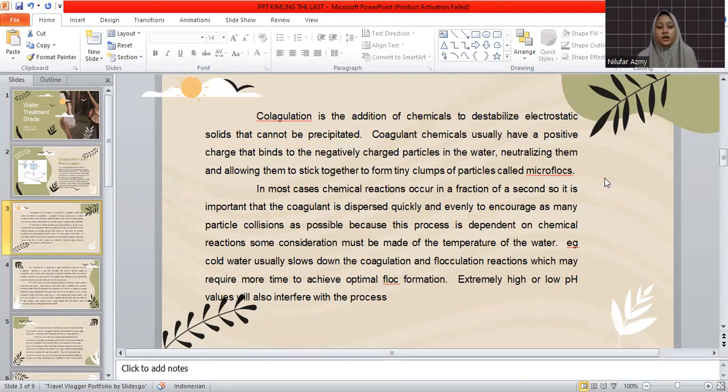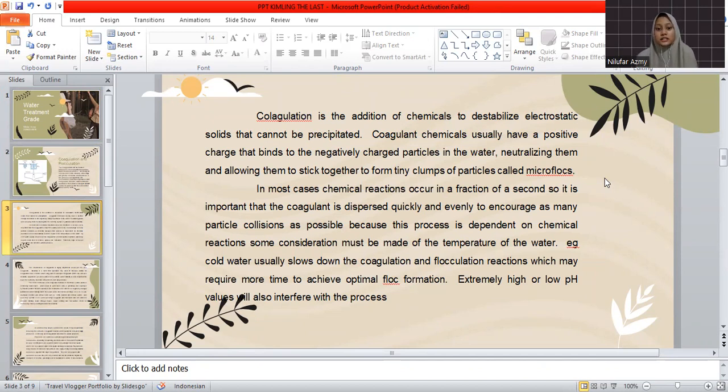And then, coagulation is the addition of chemicals to destabilize electrostatic solids that cannot be perceived. Coagulant chemicals usually have a positive charge that binds to the negatively charged particles in the water, neutralizing them and allowing them to stick together to form tiny clumps of particles called microflocs.